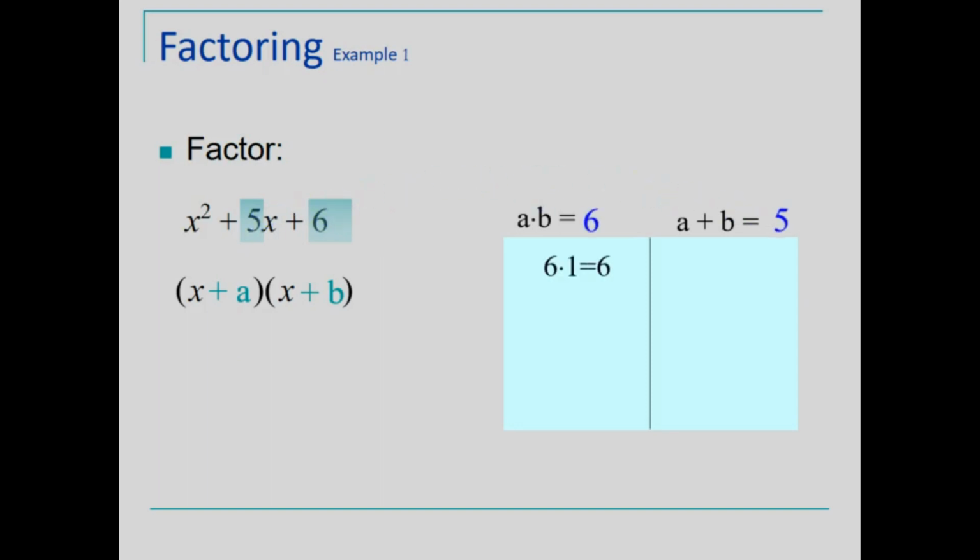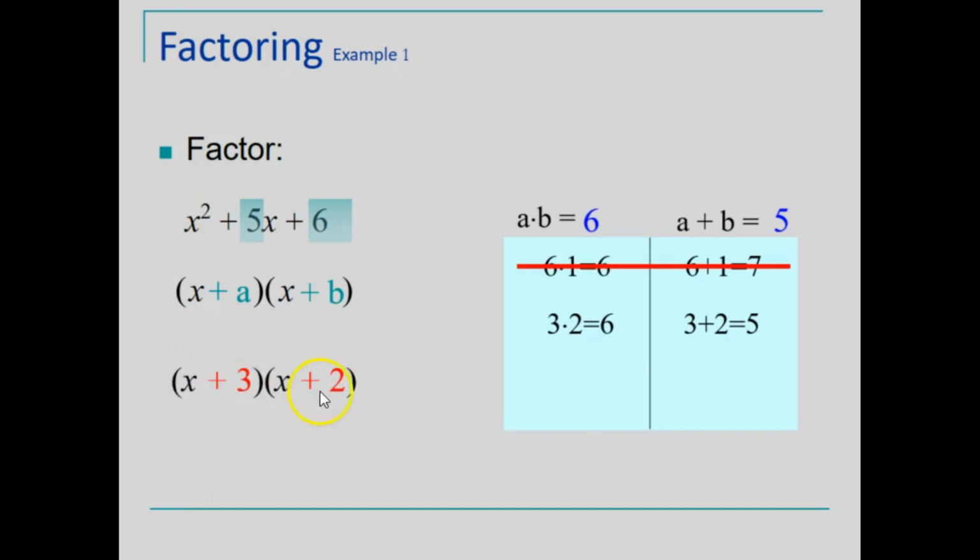Looking at possibilities, 6 times 1 multiply to be 6, but when added give us 7. Another factor pair, 3 times 2 gives us 6, and when added gives the sum of 5.